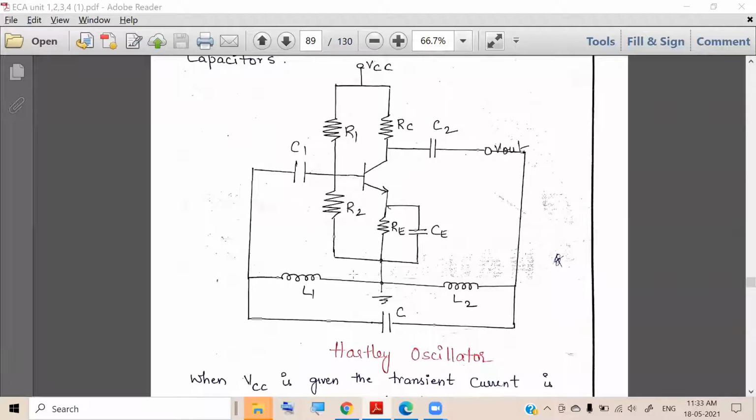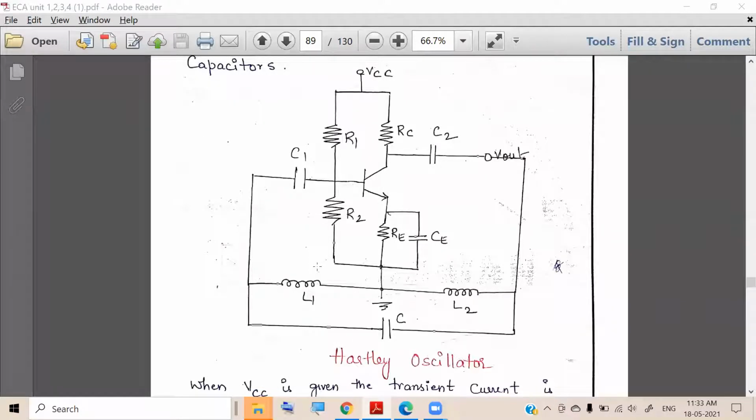So what is the difference between the circuit diagrams of the Hartley oscillator and the Colpitts oscillator? Can anybody answer? In the Hartley oscillator, how many inductors and how many capacitors are in the feedback path?